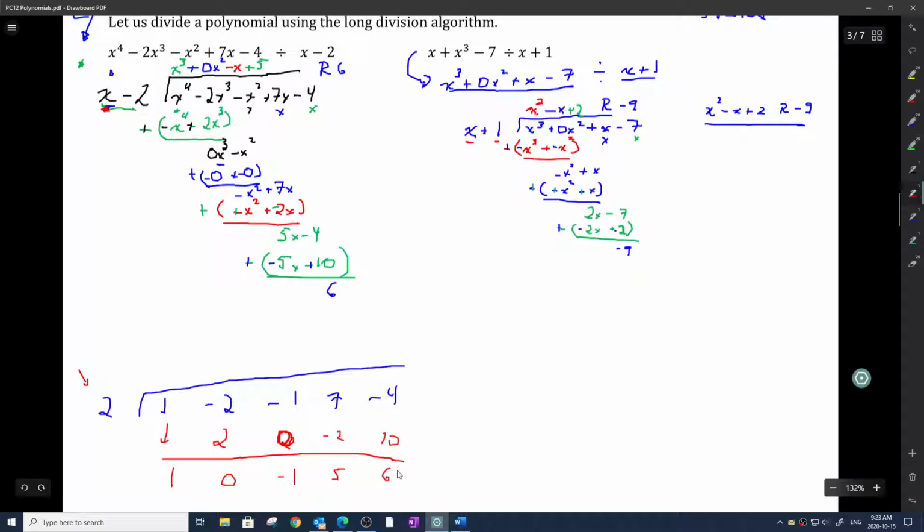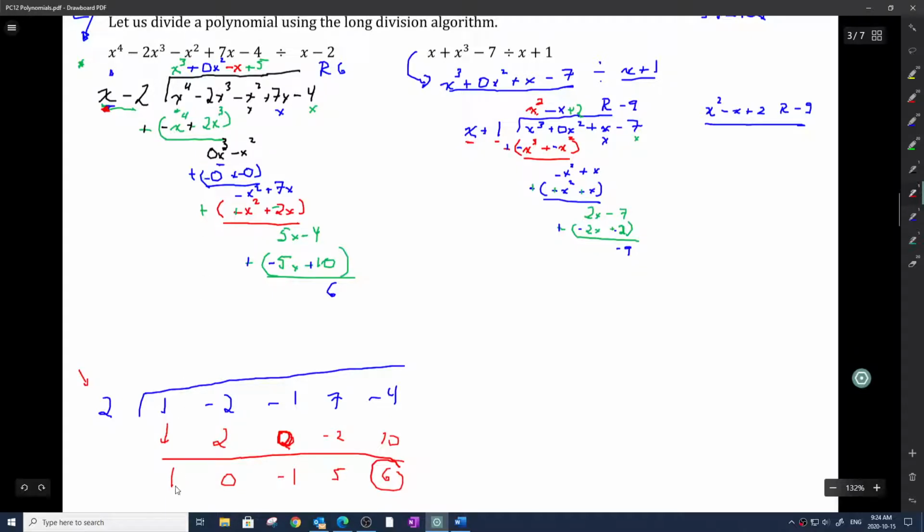Wouldn't it be nice if this last number represented the remainder? Wow, that's amazing. Wouldn't it be nice if this next number represented the constant? What are the chances? Wouldn't it be nice if this number, negative 1, represented the coefficient in front of the x? Wouldn't it be nice if this 0, wow, x squared.